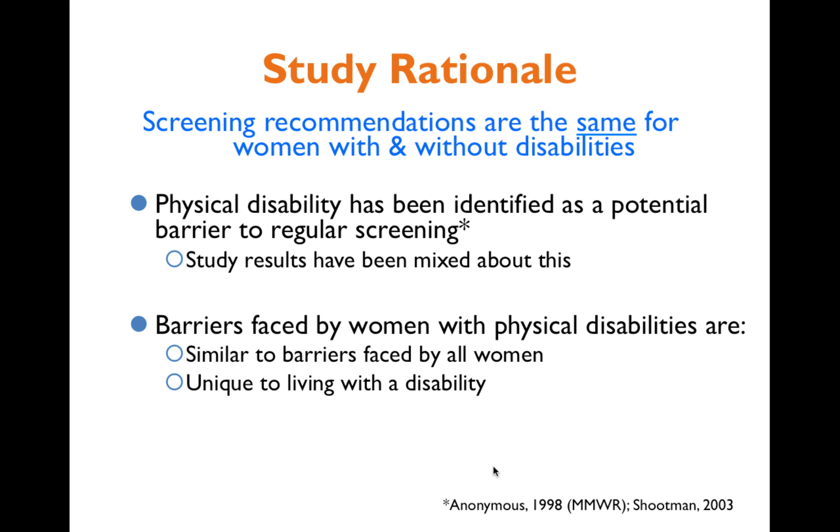And just to give you a little background on this study, at the time and even now, physical disability is a barrier to regular screening. And studies have found some mixed results about this, but really when we talked to women about this, they had many, many issues around going in for mammograms and going in for clinical breast exams just because of their physical disabilities.